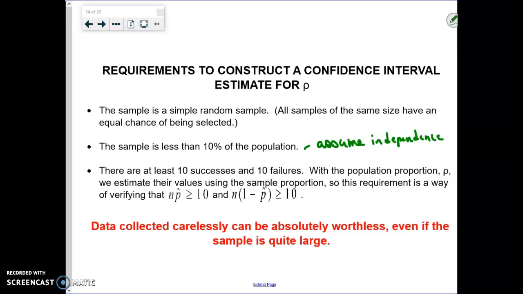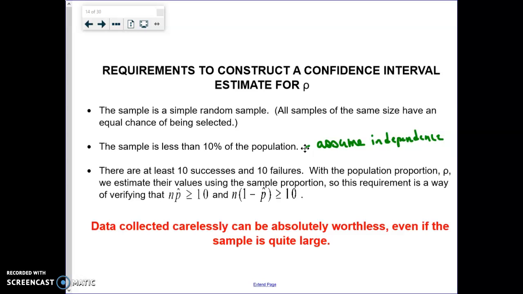Now the third one helps us know our sampling distribution is unimodal and bell-shaped. We must have at least the possibility of 10 successes and 10 failures. If we have that, then we know our sampling distribution is approximately bell-shaped and unimodal. It's fairly normal. And since our critical value uses z-scores, which come from a normal distribution, this is essential.